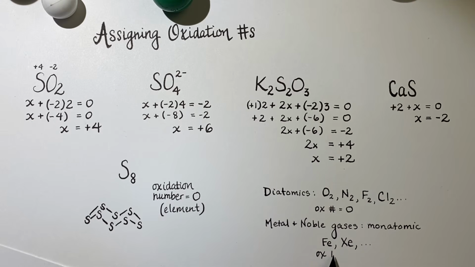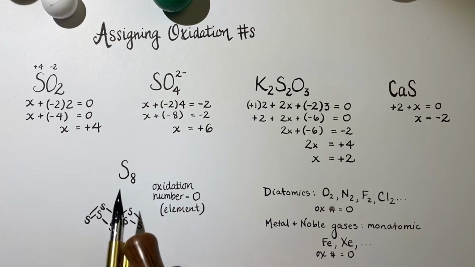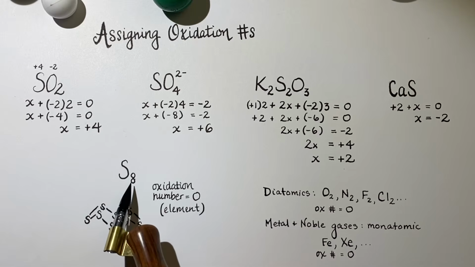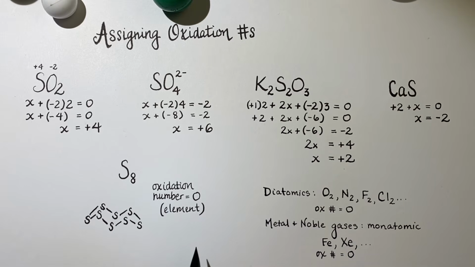So those are the most common scenarios that we see. So sulfur is unusual in that it exists as this S8. Phosphorus is also an interesting one. It exists as P4 in one of its elemental forms.